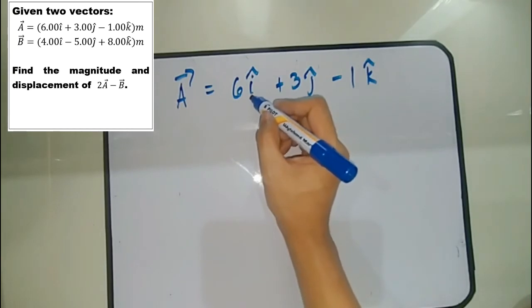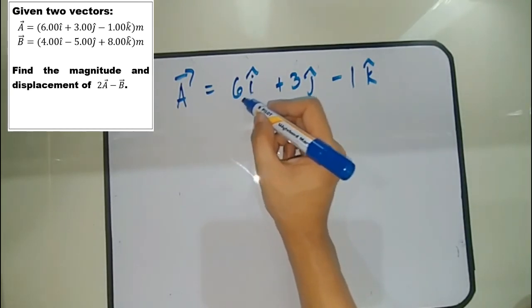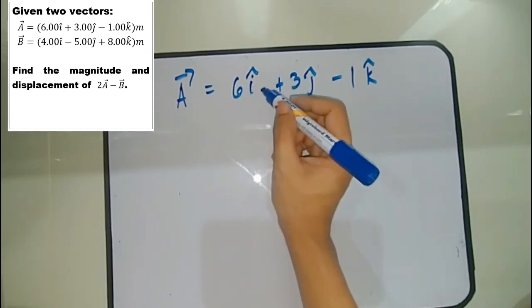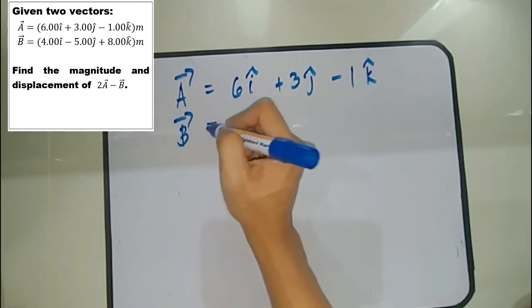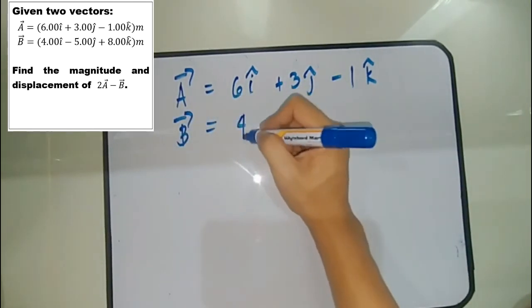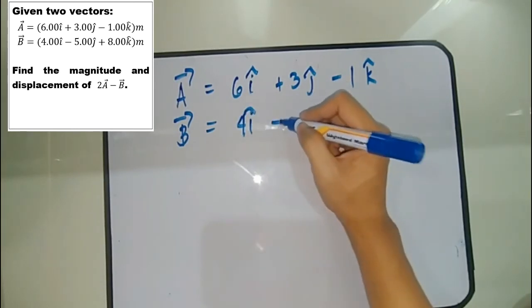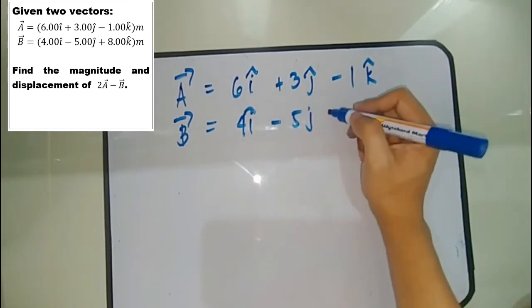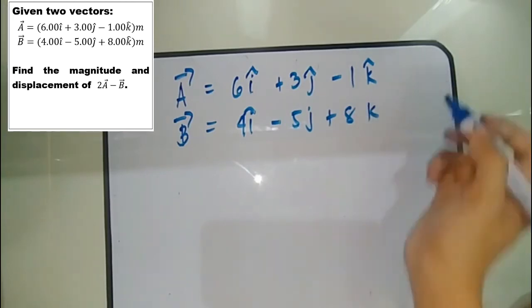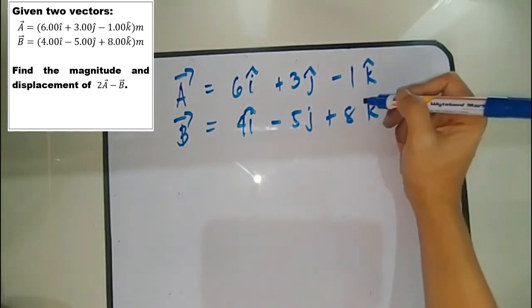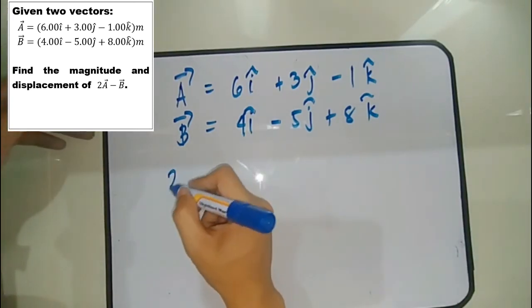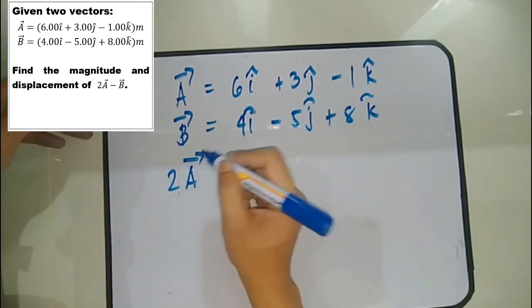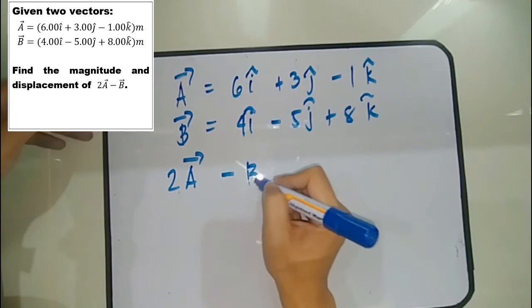So meaning it represent the number kung saan siya naka-measure, kung x ba or y or z. Yung vector b natin guys is 4i minus 5j plus 8k. Hinahanap natin guys here is the displacement of 2 times vector a minus vector b.